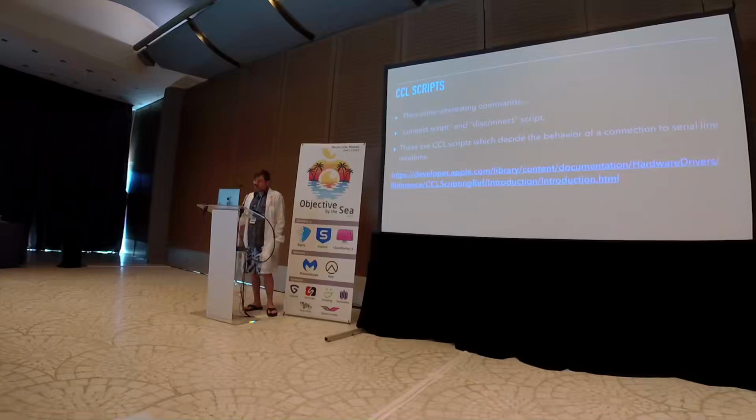One of the first computers made specifically for the internet, iMac, Internet Mac, and they included different modem stuff, the CCL scripts. Apple documented it quite well on their webpage. These scripts handle both calling up and answering other telephones.